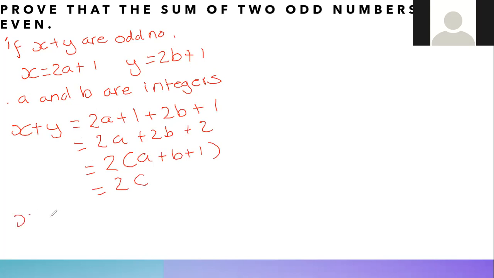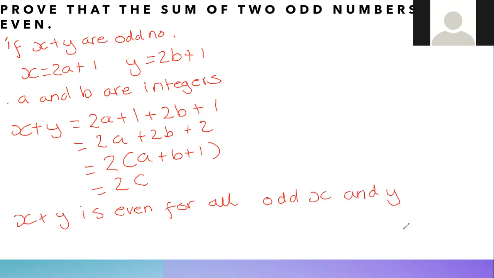So x and y... x plus y, sorry, I'm doing x sum y, so x plus y is even for all odd x values and y values.